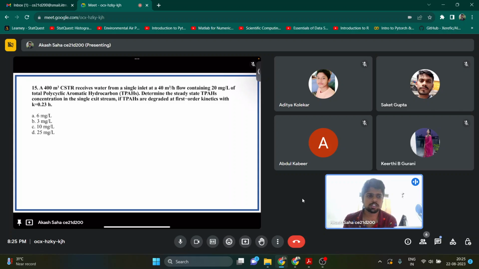So it's a direct question of a CSTR. You have been given the Q value and the inlet concentration value, so we have to find the steady state concentration. By steady state concentration, we can say either it's the effluent concentration or the concentration inside the system.